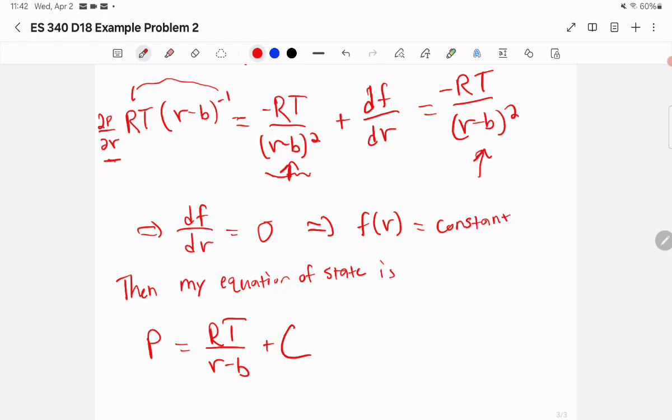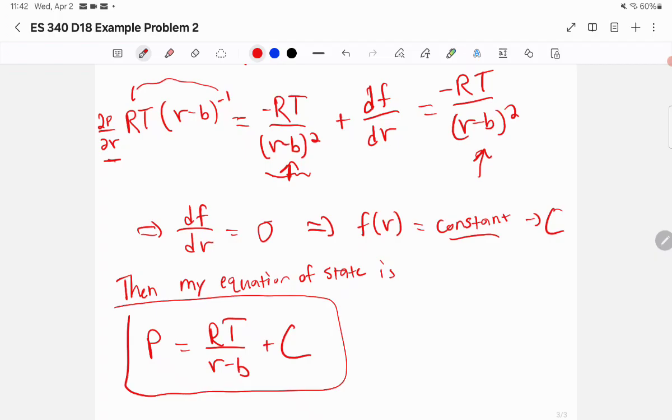Plus some constant. So that's going to end up being my equation of state in this particular scenario.